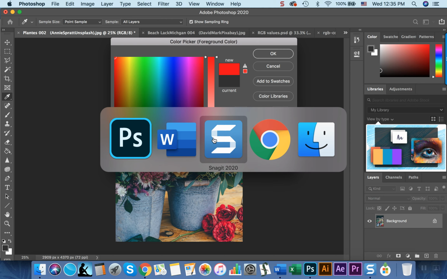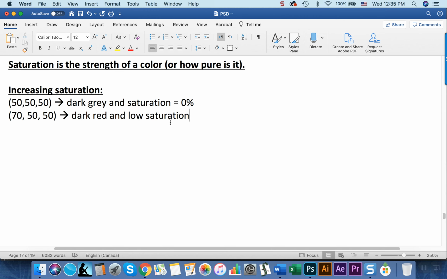So if I go now to my notes and write a couple of values that we want to consider, 255, 0, and 0, what does that look like? This will be pure red. And what is the saturation for this one? 100% saturation. All right, so that's the first change that I want to mention.